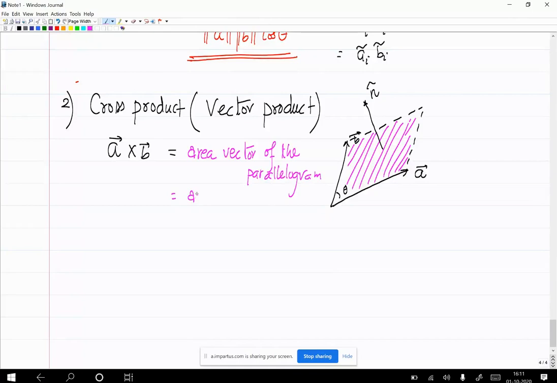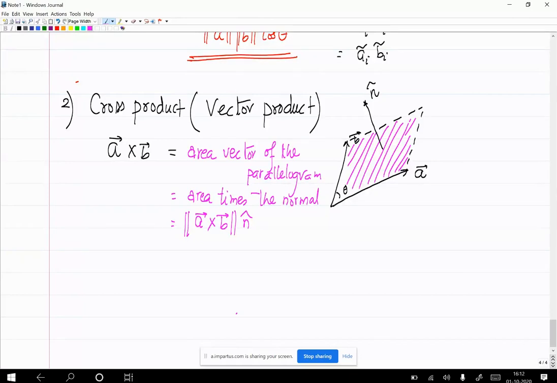Which is area times the normal. And the area of the parallelogram is the magnitude of A cross B. And the normal is pointing in the direction of A cross B. Okay?